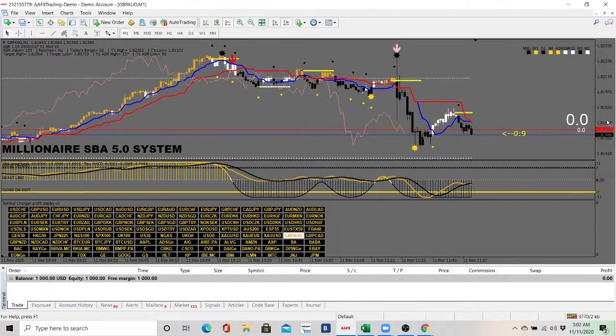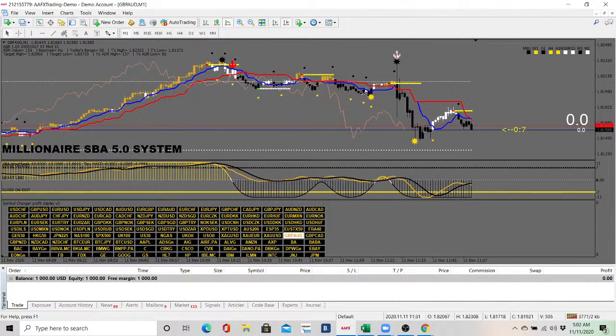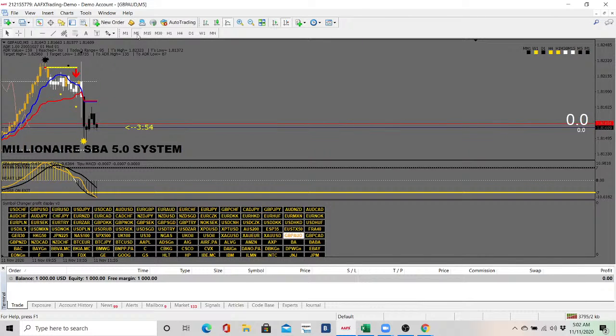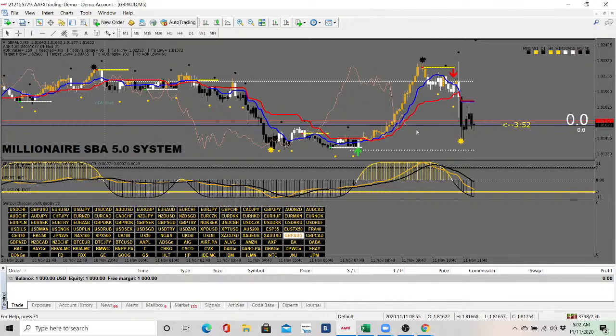Okay, she went down. Okay, so we got that gray star bar arrow, and it's still selling down on the 1 minute. This is GA on the 5 minute. We got a grade A sell.